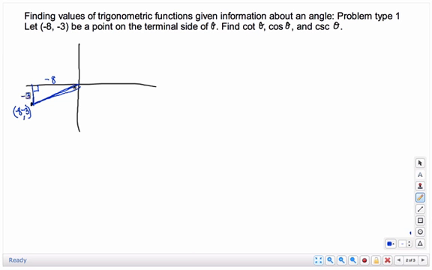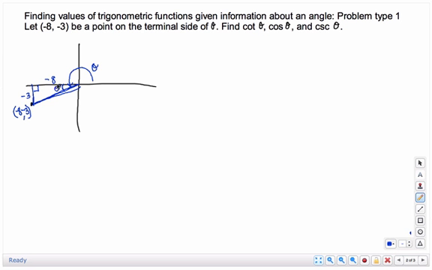In this case, we're going to think of the negatives kind of as a direction. It's given us some information about the direction. Here, this is my angle theta, and here is my reference angle. So when you're reading about reference angles, this is what they're talking about.